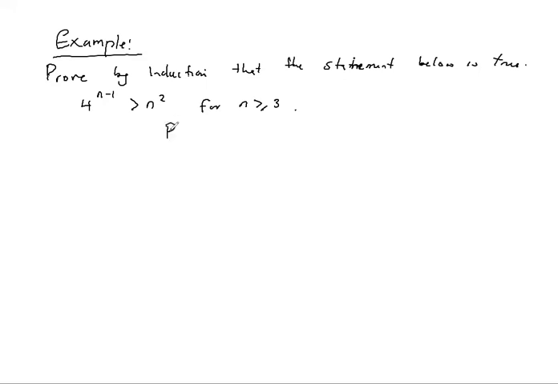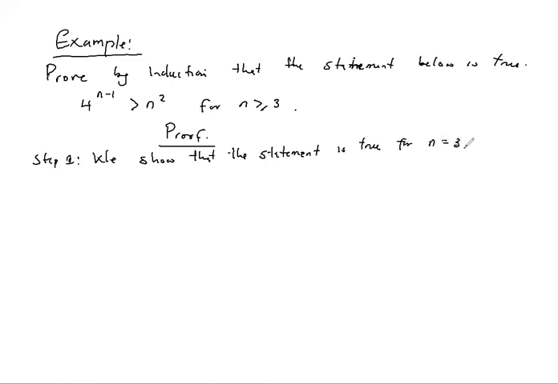So in the proof, step 1, we will show that the statement is true for n is equal to 3. That's the smallest n. N is greater or equal to 3, so we can't go back to 1. We've been told that n is greater or equal to 3. So the smallest n is 3.